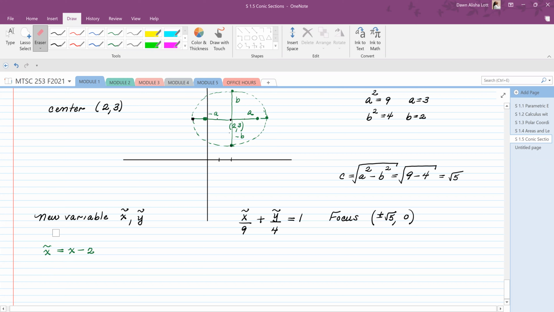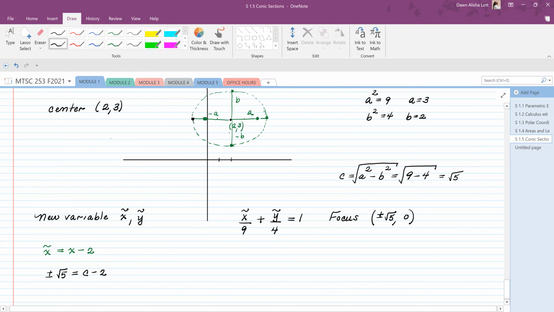So therefore I get plus or minus the square root of 5 is going to be this C minus 2.